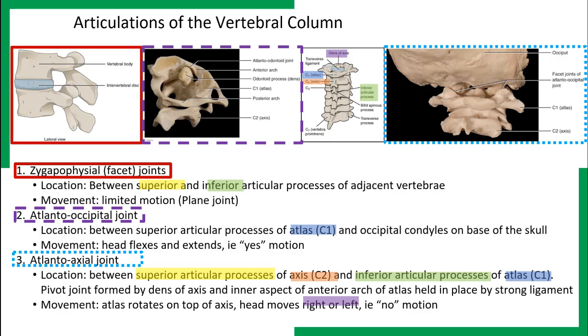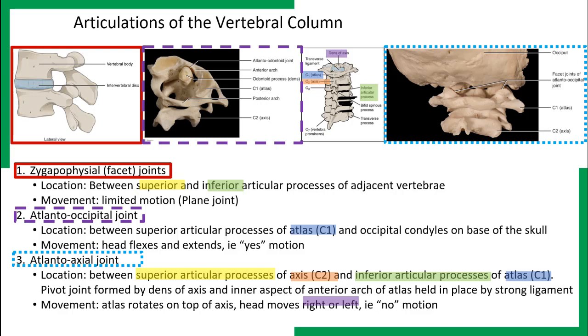So if we take this random vertebra over here, it's got a facet joint above, connecting it to the vertebra above, and it's got another joint below, connecting it to the vertebra below, right? And again, every time there are two vertebrae in contact with each other, you've got one of these facet joints.